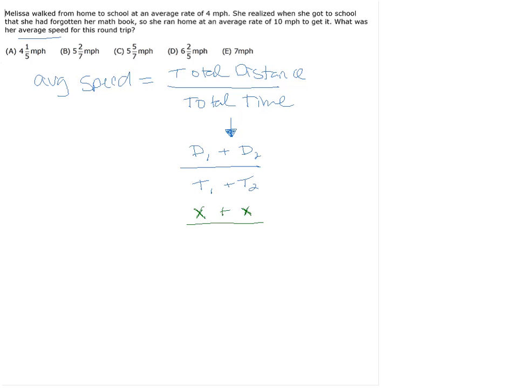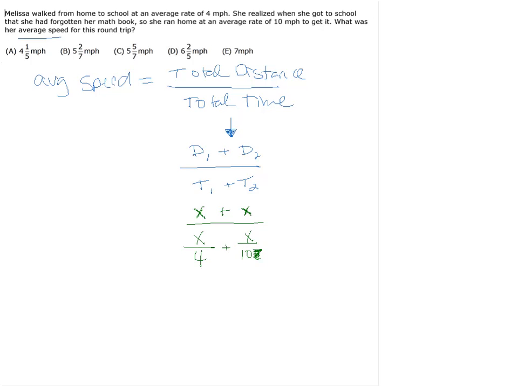Now, follow closely here. So the time we can kind of elaborate on further as well. Because if you think about it, time 1 is nothing more than the first distance over the rate at which she traveled. And time 2 is nothing more than the second distance over the rate at which she traveled, which is just 10.